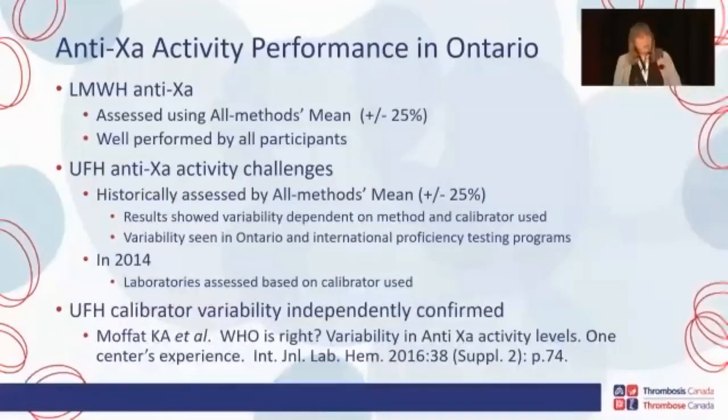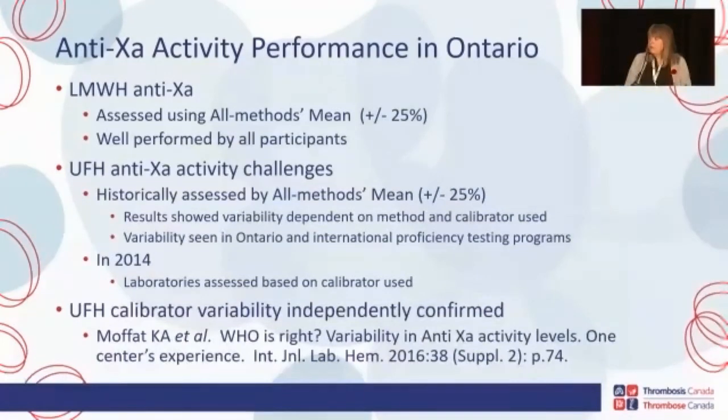The unfractionated heparin historically was also assessed by the all methods mean, except the challenges kept showing a lot of variability. This variability was down to which kit the lab was using and which calibrator they were using. It was not only seen in Ontario proficiency testing, it's also seen in the international proficiency testing programs.